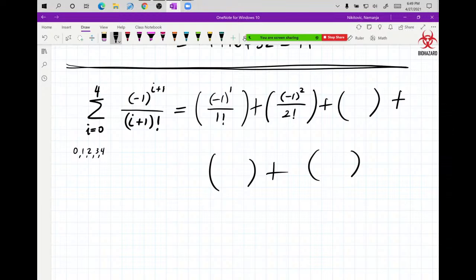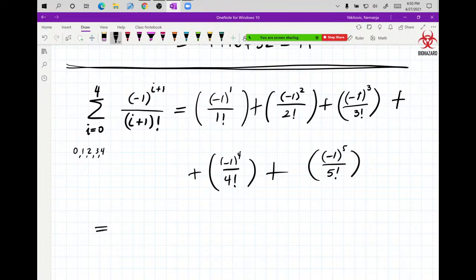And then we have negative 1 cubed over 2 plus 1 is 3 factorial. And then we have negative 1 to the 4th power divided by 4 factorial, and negative 1 to the 5th power divided by 5 factorial.